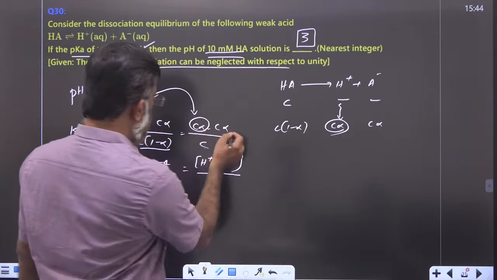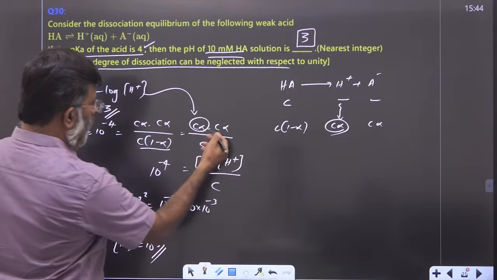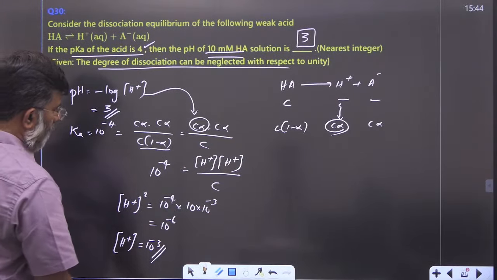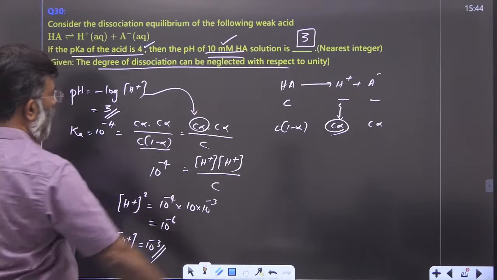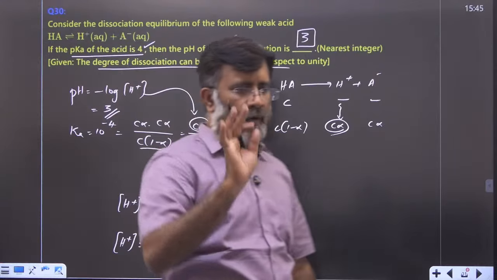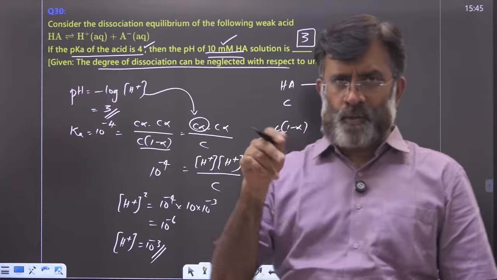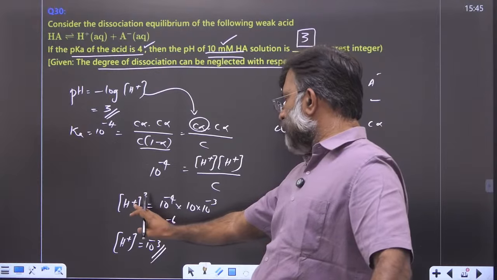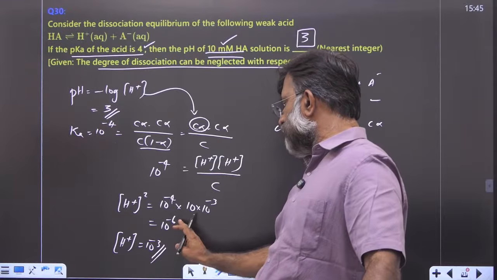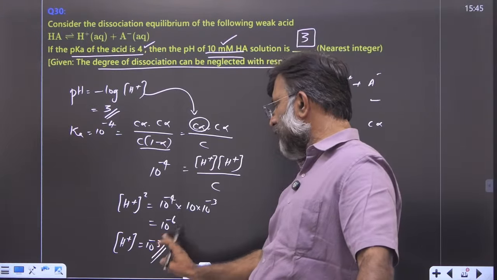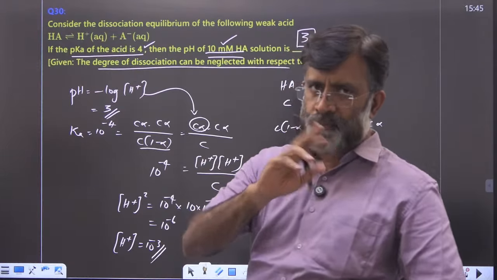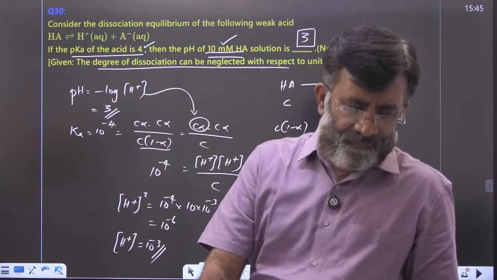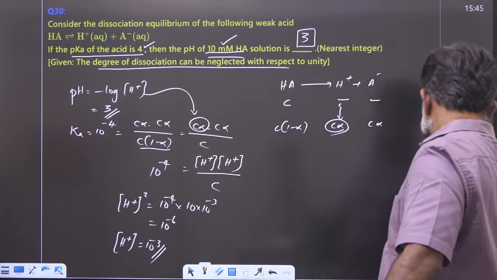So H plus concentration squared equals 10 power minus 4 into C. C is given as 10 millimolar, that is 10 into 10 power minus 3 molar. So you get H plus concentration squared as 10 power minus 6, H plus concentration 10 power minus 3. That means pH is equal to 3. Next question.